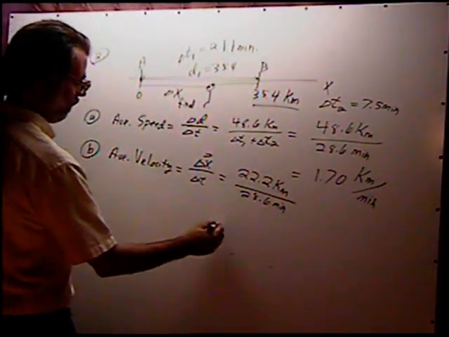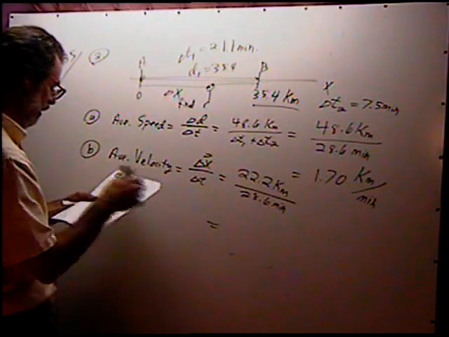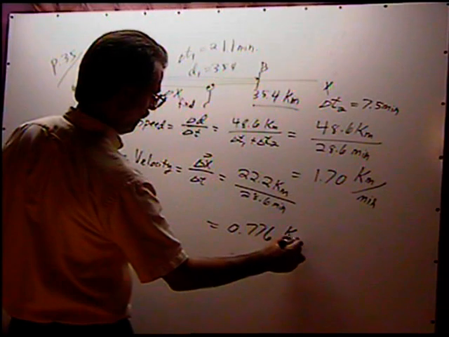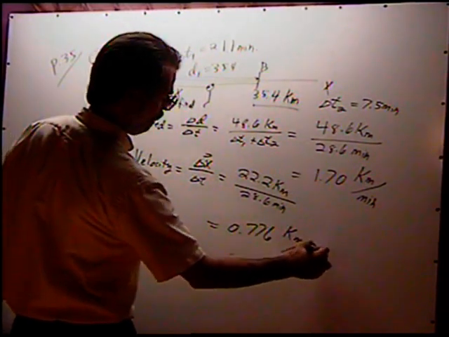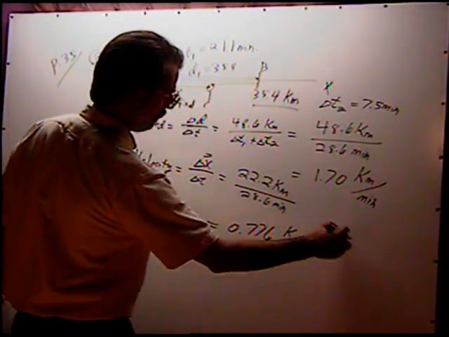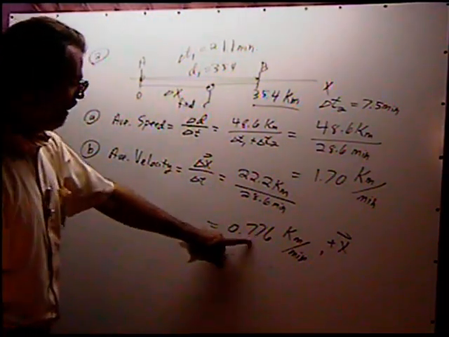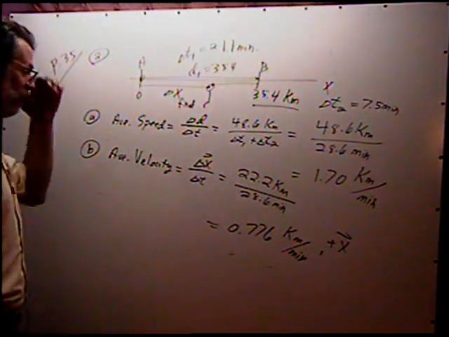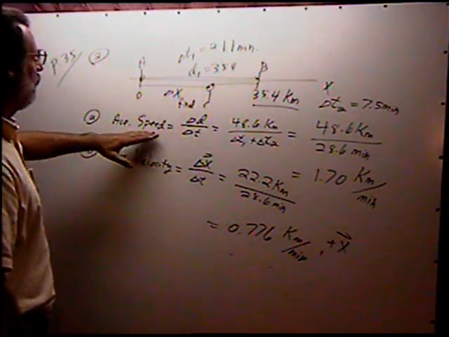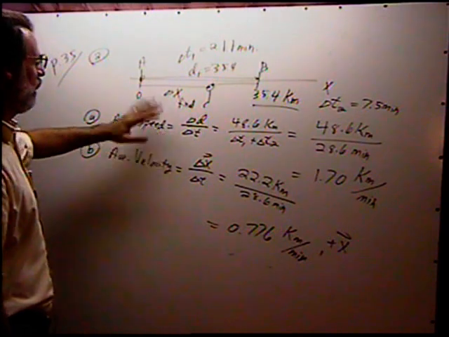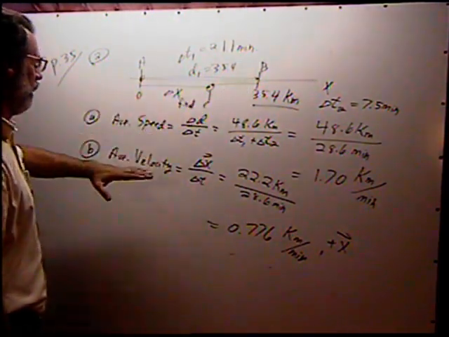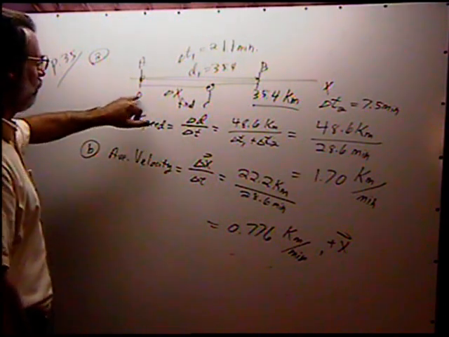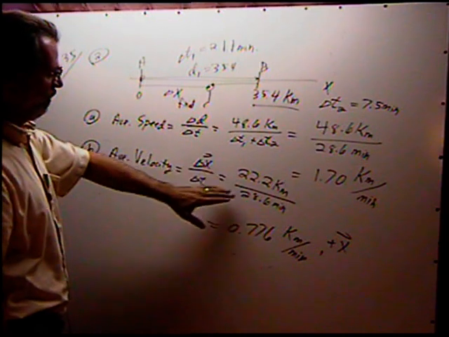So the final velocity is 0.776 kilometers per minute, traveling in the plus x direction. There's the magnitude, and there's the direction. So notice the difference: the average speed was the total distance over the time. The velocity is going from the initial position to the final position divided by the time.